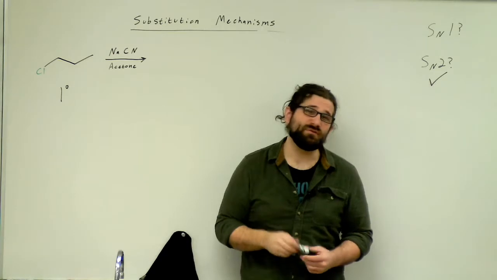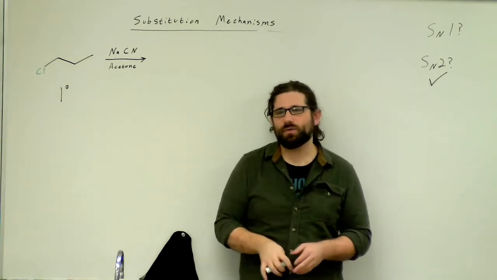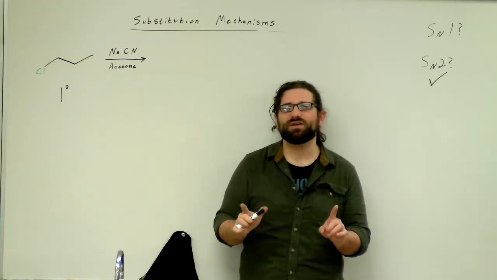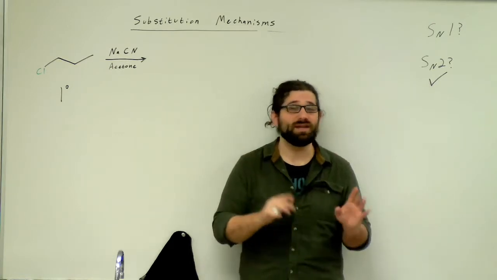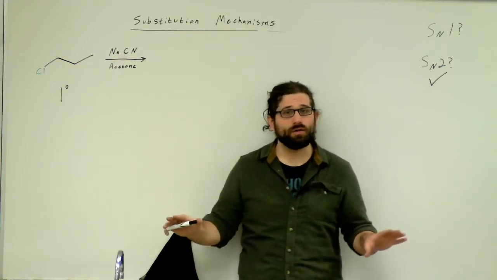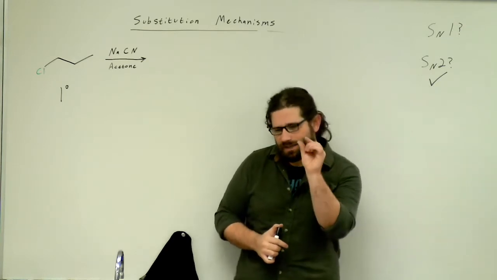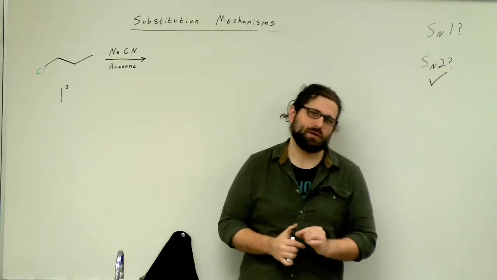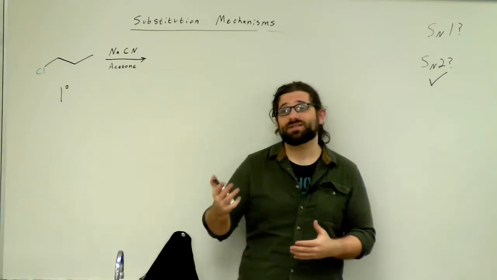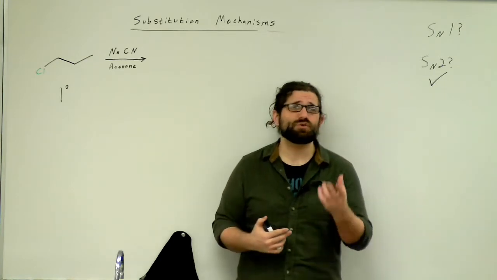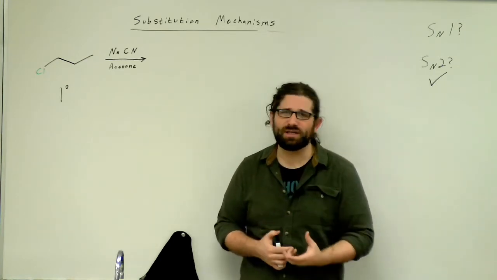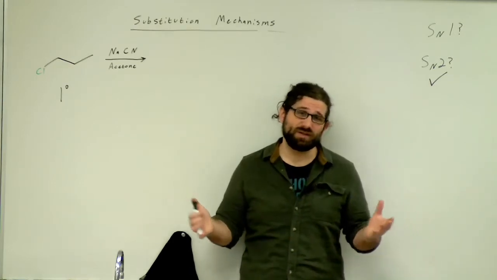Is the Sn1 going to be favored or disfavored? Now we want to keep that in mind, that what we're saying here is is it favorable or not? Not, is it going to happen at all? Often, these reactions do compete with each other, even on a tiny little scale. It is possible that the Sn1 could still proceed, but it just proceeds so slowly that we're not even going to consider it.